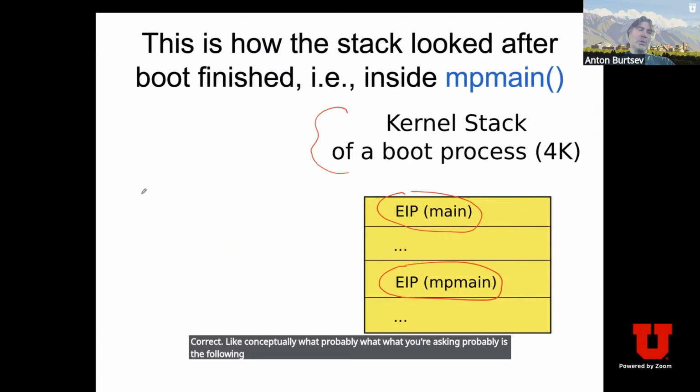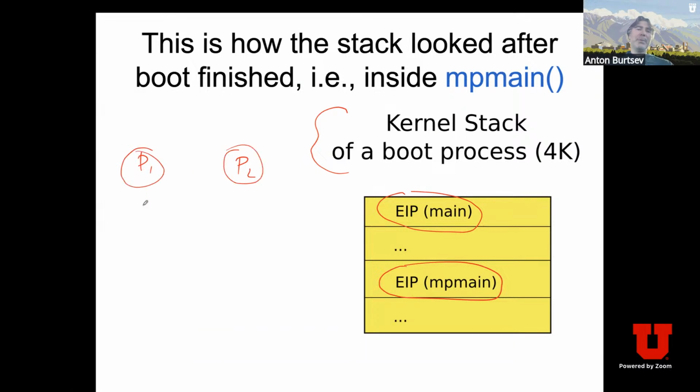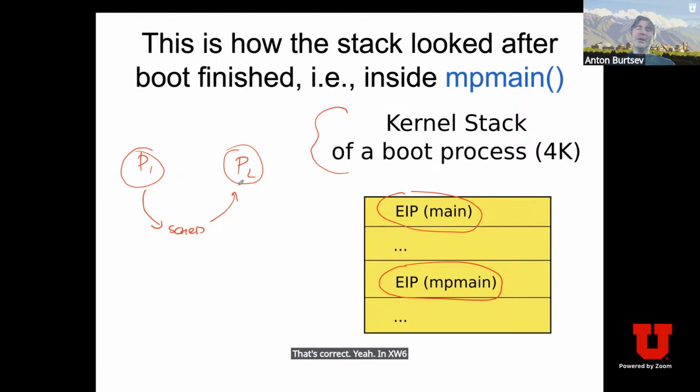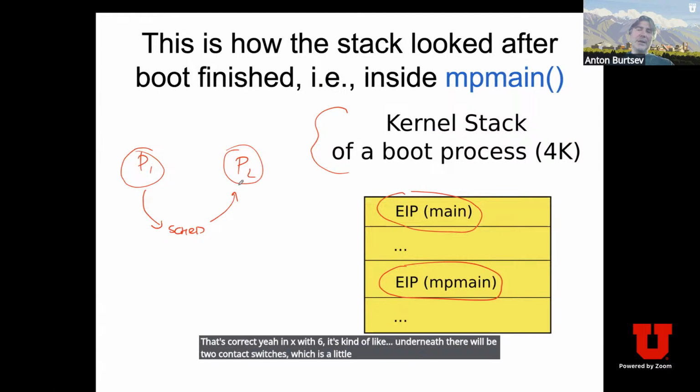In order to switch from process P1 to P2, in practice what happens underneath is that you're switching from P1 into the scheduler, and the scheduler switches to P2. That's correct. In x86, underneath there will be two context switches, which is a little unusual, right? But this is how they built it.